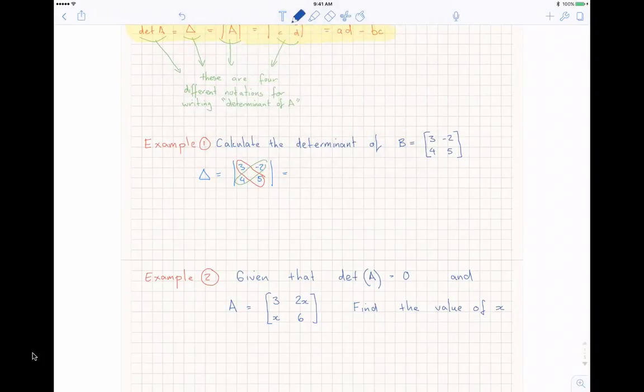So paying special attention there to the negatives. I've got a times d minus b times c, where b is actually negative 2. 3 by 5 is 15, minus negative 8, so it becomes plus 8, which is just 23.